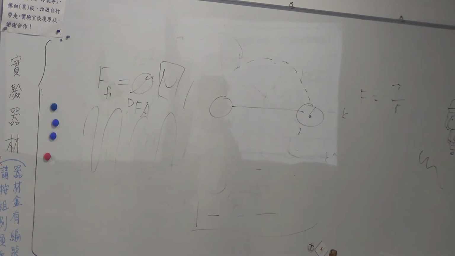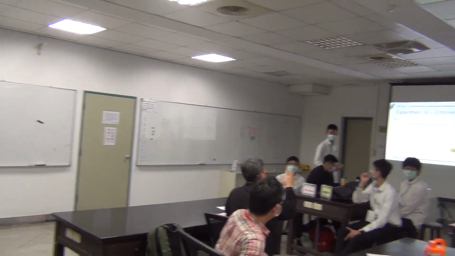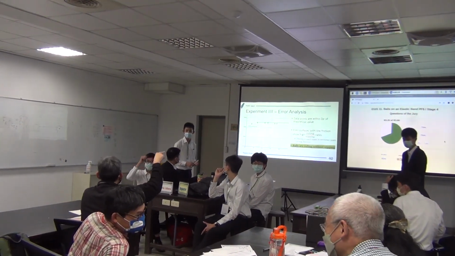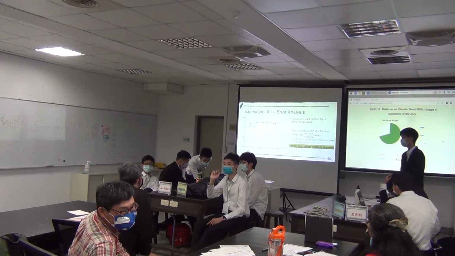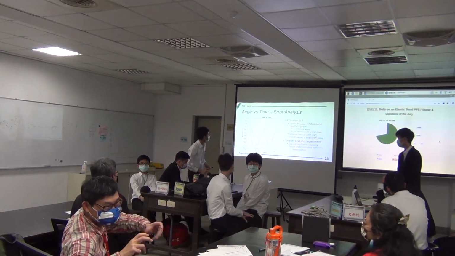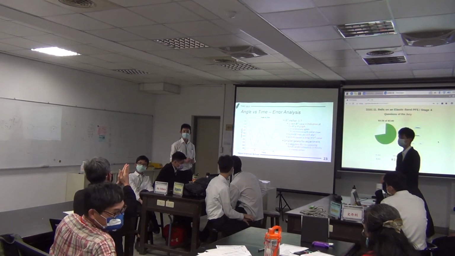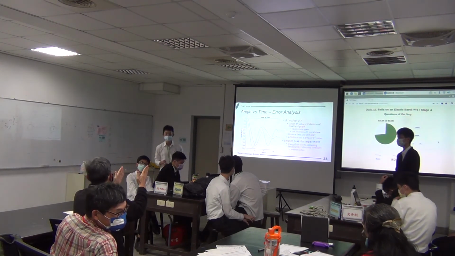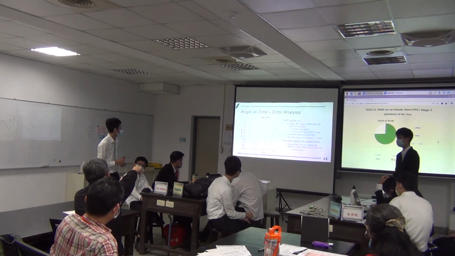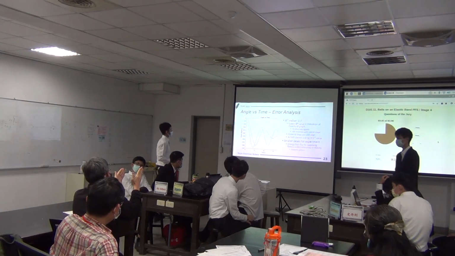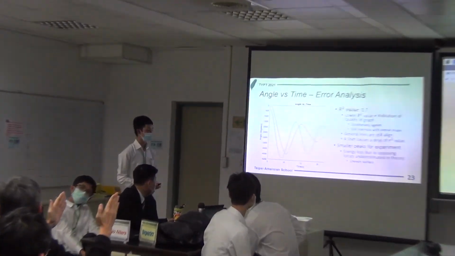Can you go to the slide comparing experiments and theory? R squared equals 0.7. It seems that for the experimental curve the ratio seems lower. If you compare the theoretical curve and the experimental curve, it seems not only shifted a little bit, but the period is longer.